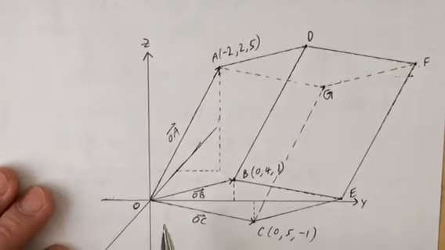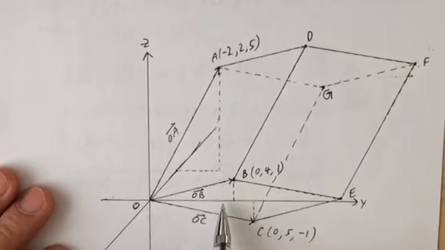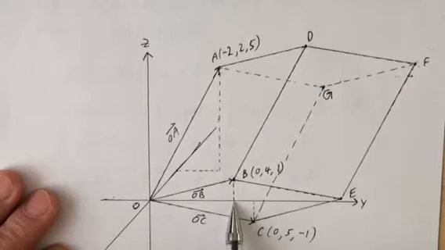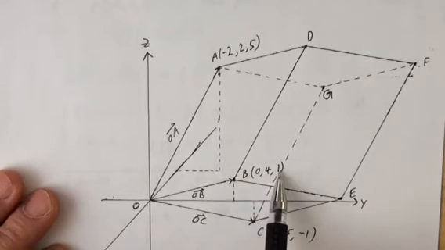OB is from 0 on the x-axis, so it doesn't move anywhere that way. And then it goes on the y-axis 4 units, and then it goes along the z direction 1 unit, so 0, 4, 1.